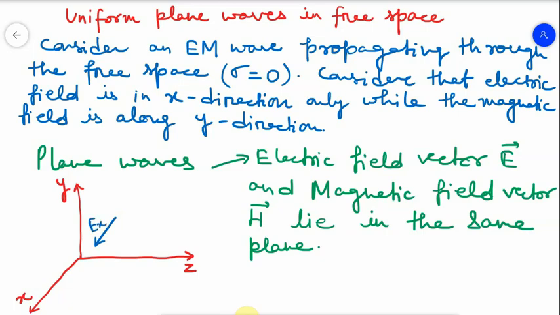This magnetic field H is along y direction. Both are mutually perpendicular to each other. This is y and this is x, so obviously x and y axes are mutually perpendicular.